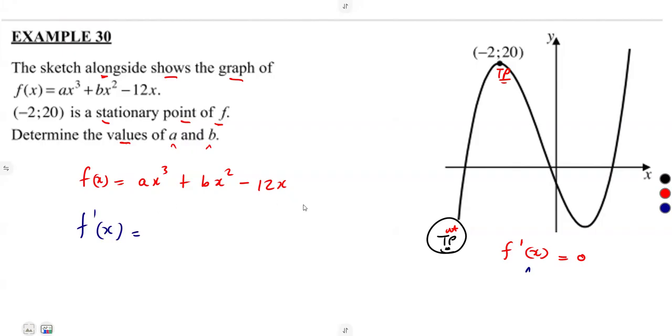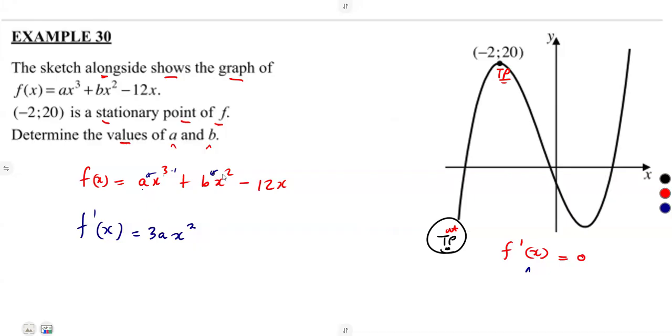Remember, I dealt with these derivatives with constants. Just treat a constant as any other number. So with respect to x, multiply by 3, subtract 1. So 3 times a, that's 3a, x to the exponent of 3 minus 1, which is 2.